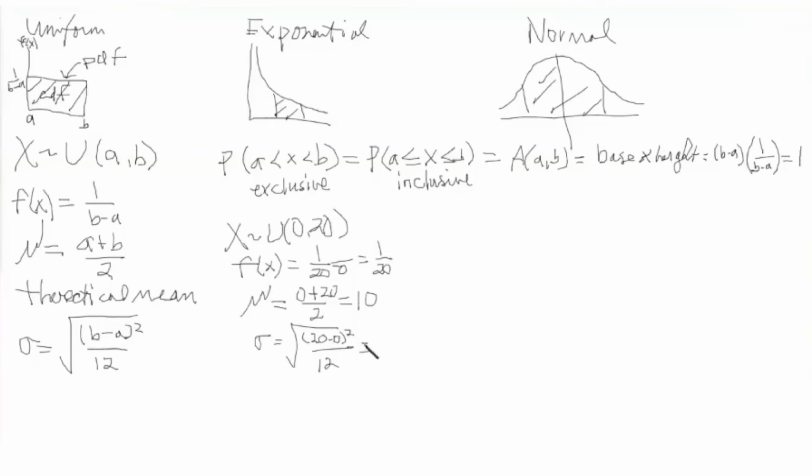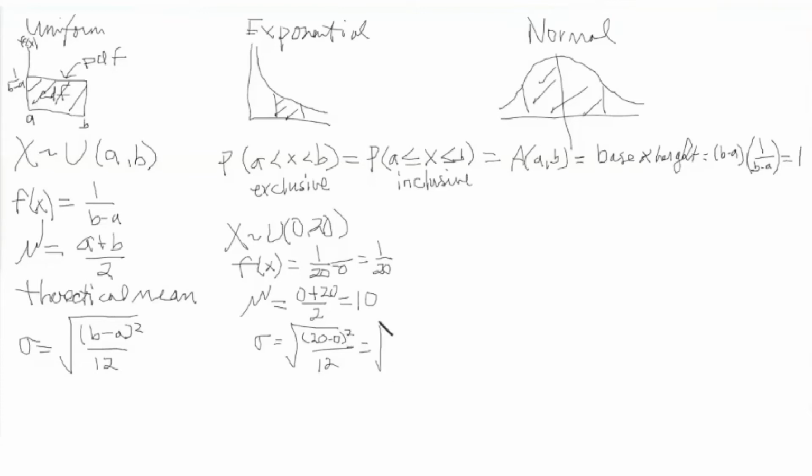And I'm looking on my notes, and okay, so that's just going to give you 20 squared, which is 400, divided by 12.